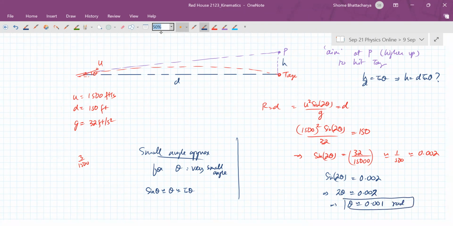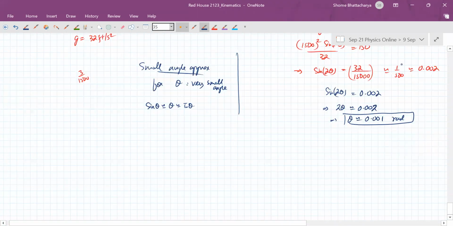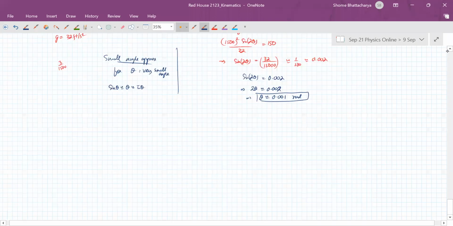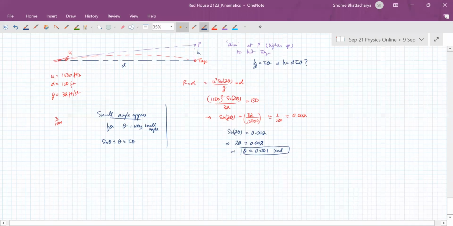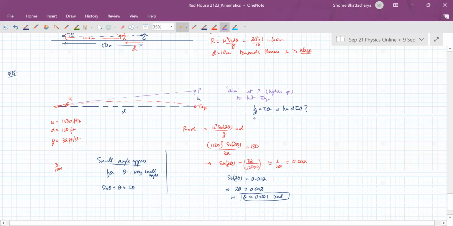So now to calculate this height at which you are aiming above, calculate this height. Now tan theta we will approximately take as theta.